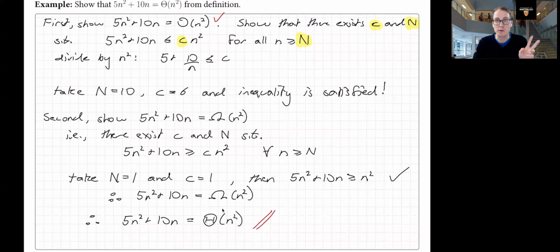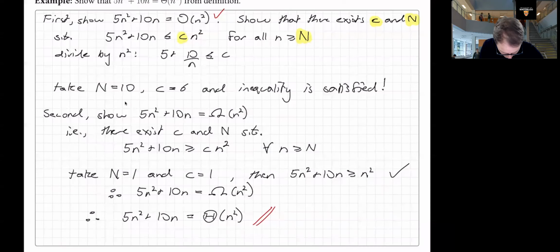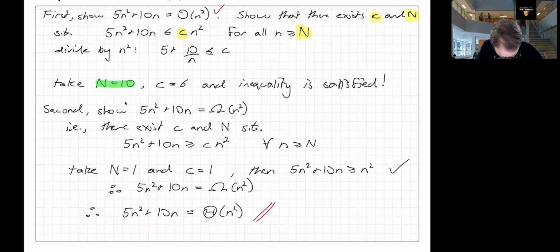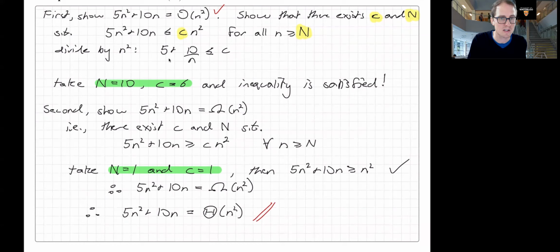Now, the thing to notice is that these numbers that I picked to make the inequalities work are not arbitrary. They have to be such that the inequality is satisfied, but there are many sets of numbers for which it's true.